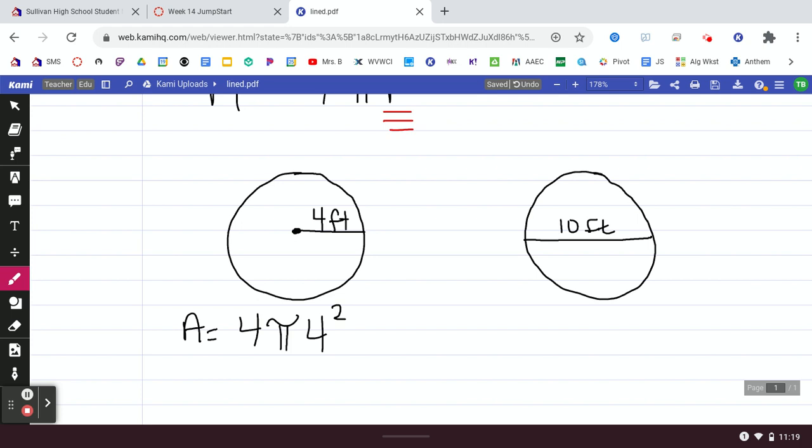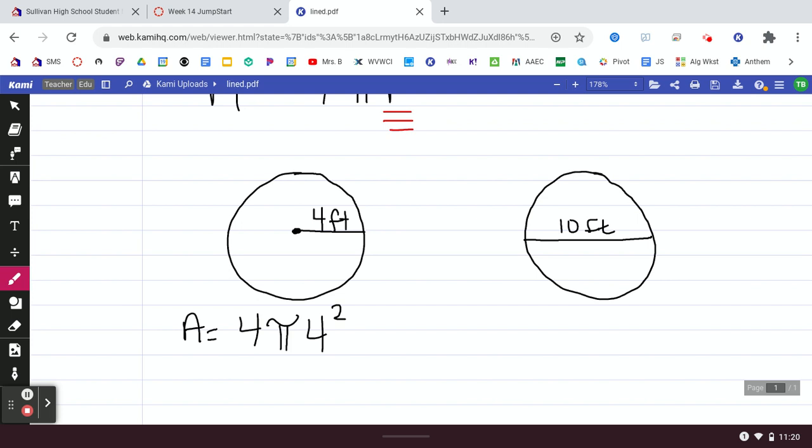I think your worksheet says what to round to. Surface area, it says round to the nearest hundredth if necessary.